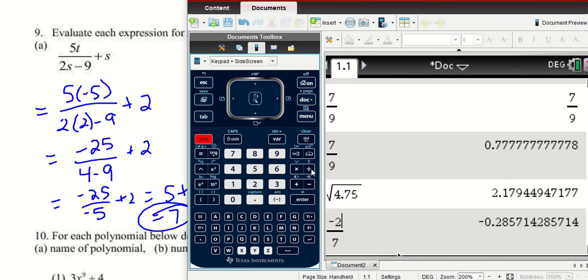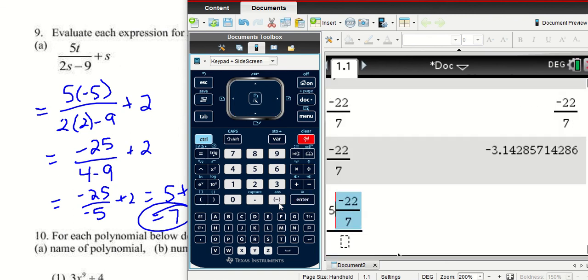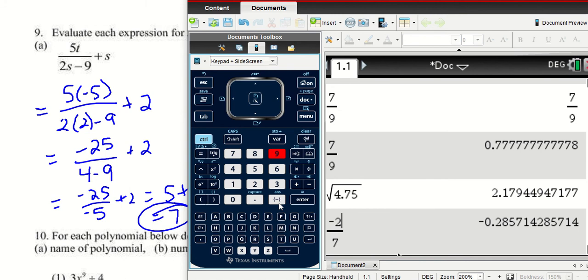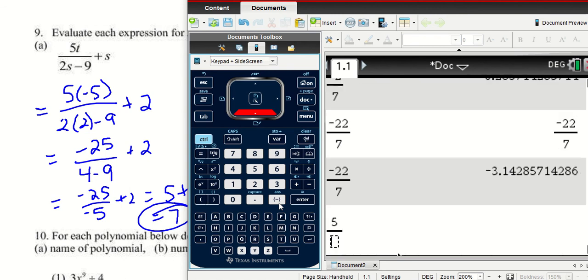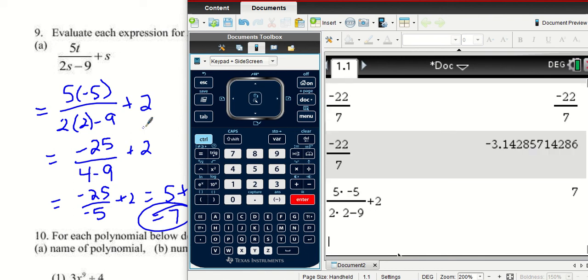So 5 parentheses negative, not minus, but negative 5. Negative 5 over 2 parentheses 2, arrow to the right, minus 9, and then outside the parentheses we'll arrow over and then plus 2, and you can see there's our answer.